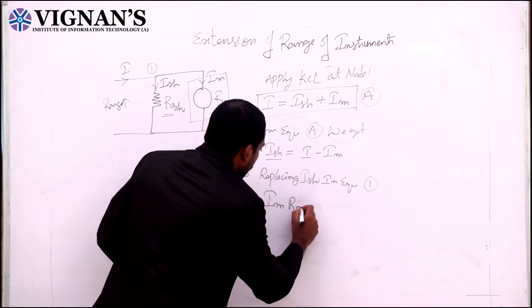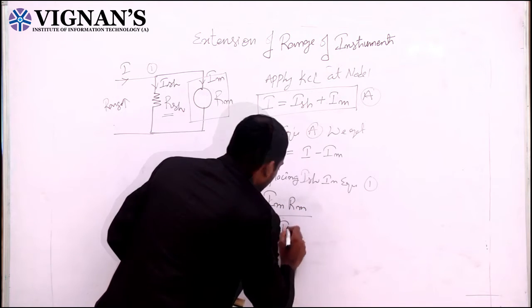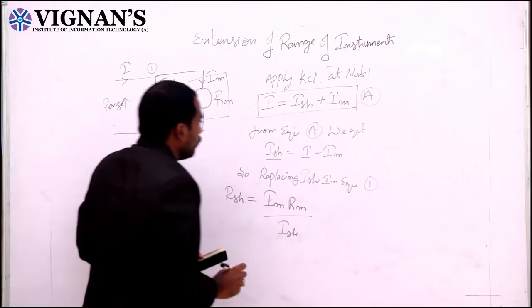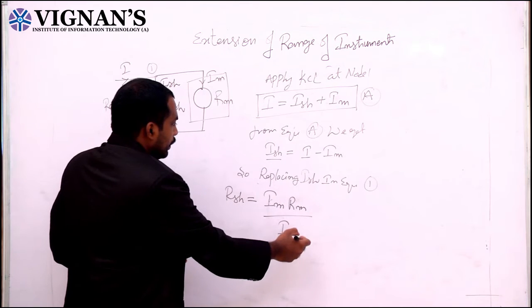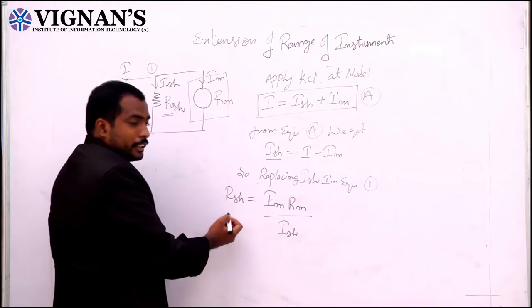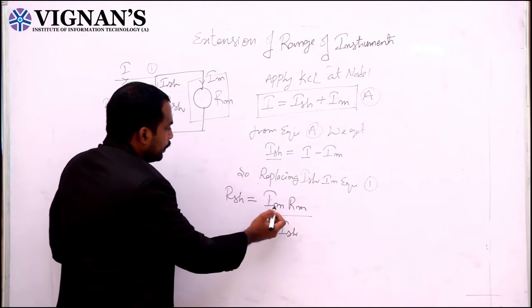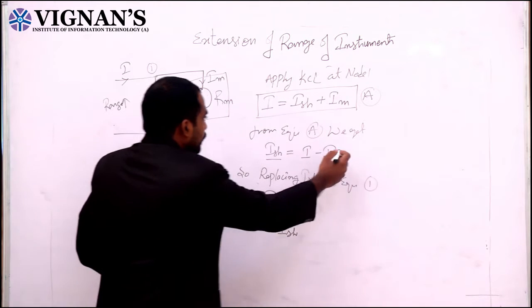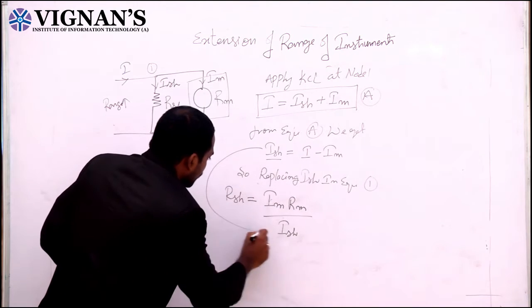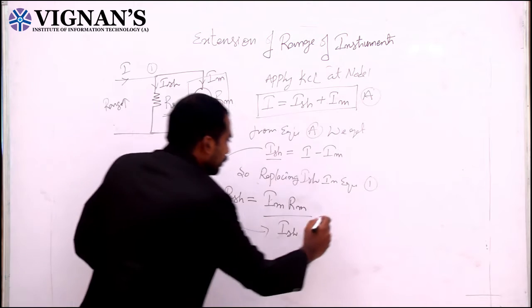RSH is equal to IM into RM by ISH. So I will replace this value of ISH in this equation. What will you get here?